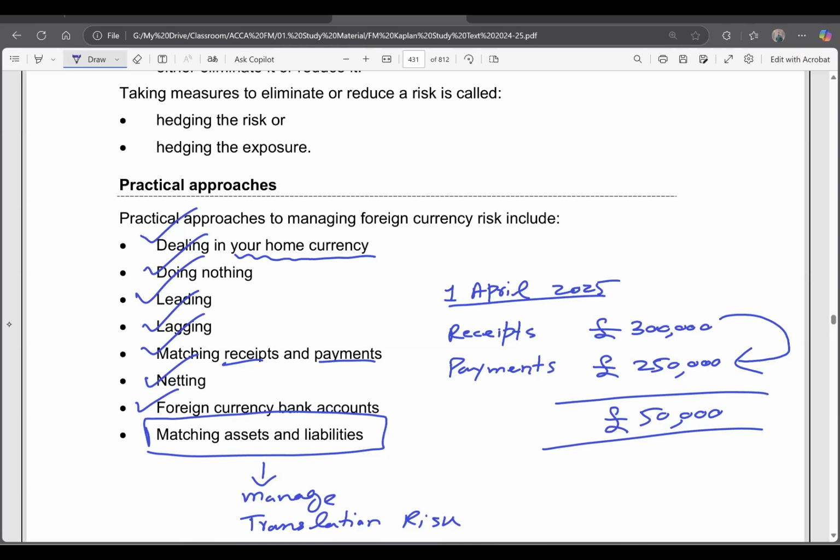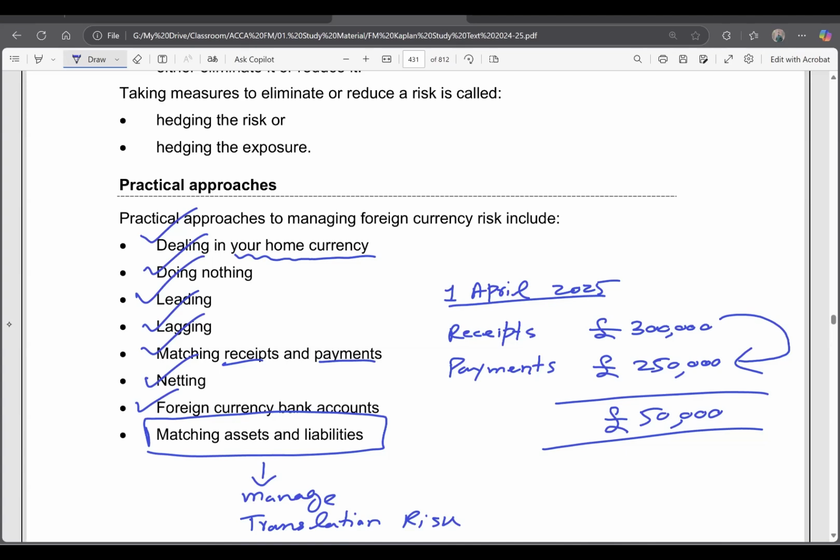Look, if you are investing in Canadian assets, borrow in Canadian dollars, right? Why are you bringing money from here? If you can borrow in Canadian dollars and then invest in Canadian dollars, there's no translation risk you have to face.